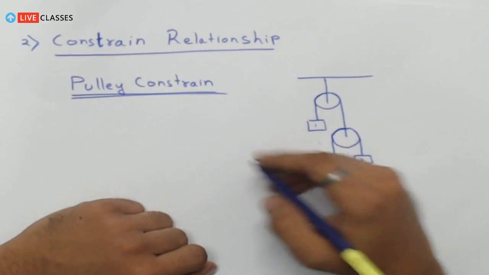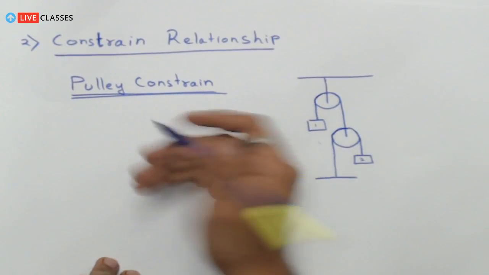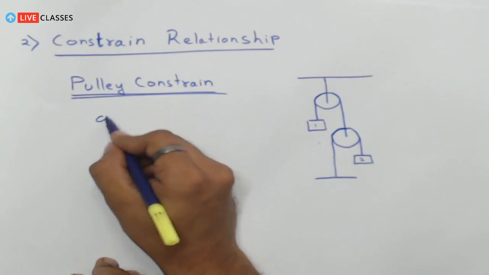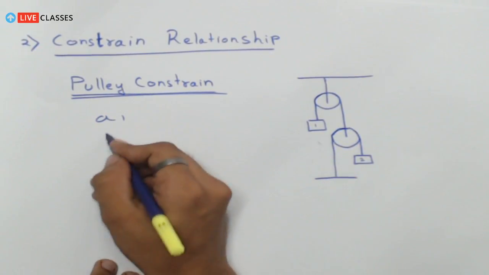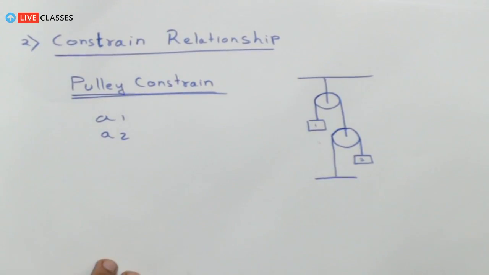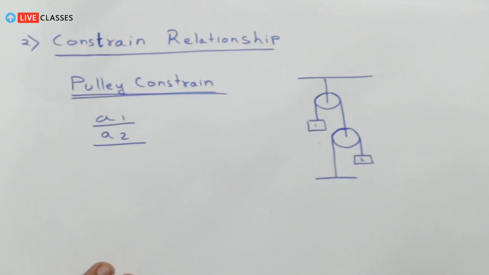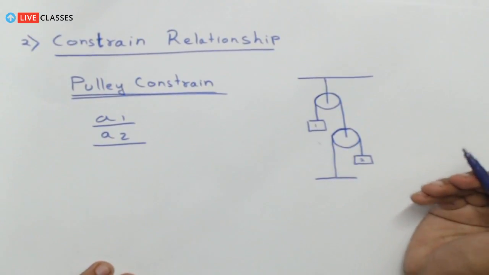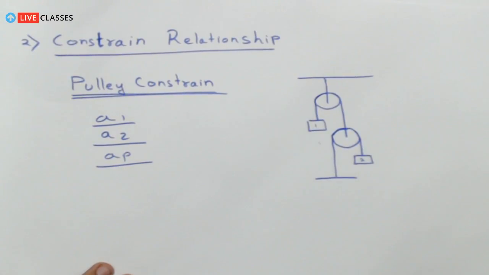So assuming these 2 blocks will have different acceleration, we will say A1 is the acceleration of this block, and A2 is the acceleration of this block. Okay. What else is moving in this question? The pulley is also moving, right? So let AP be the acceleration of the pulley.